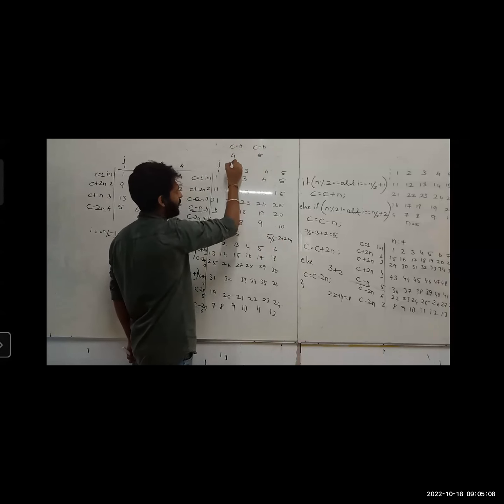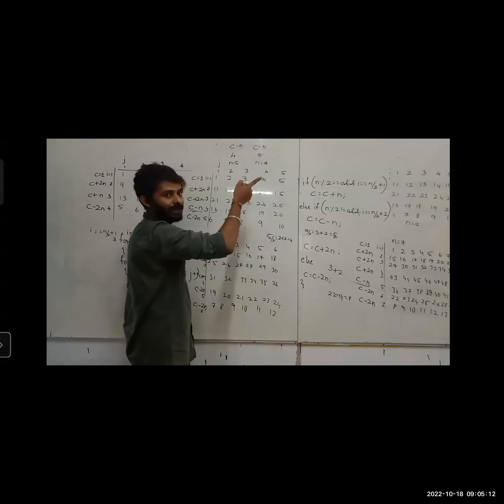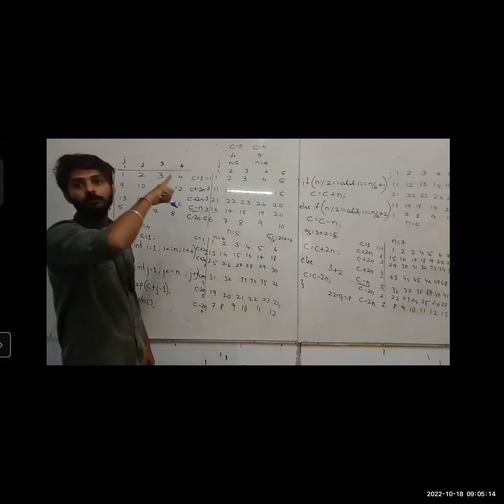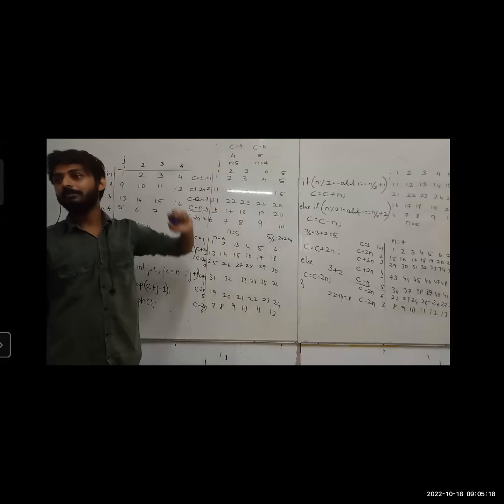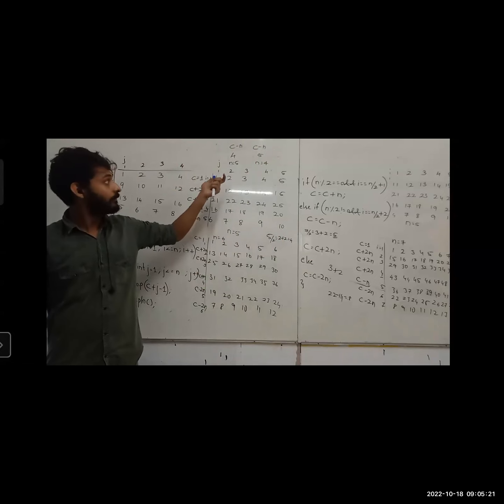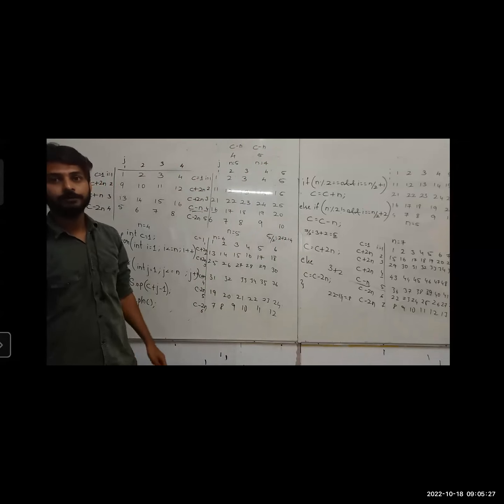This is when N value is 5. This is when N value is 7. Whenever N value is 7 in 5th row, I want C minus N. Whenever N value is 5 in 4th row, I want C minus N. How can I get 4 when N value is 5? How can I get 5 when N value is 7? How can I get it?